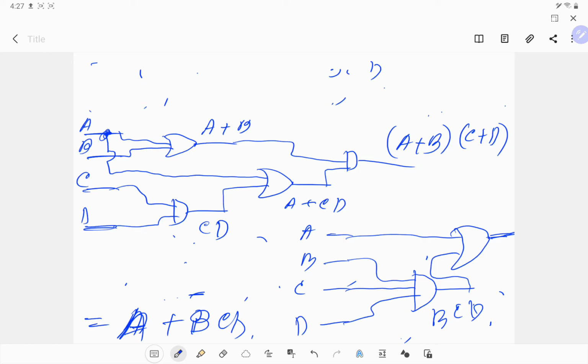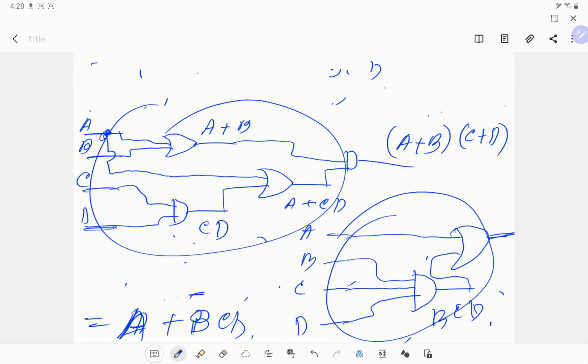So now the first circuit and the second circuit are equivalent, or the functionality of both of the circuits are the same. The outputs are the same. So in order to draw the first circuit, we need 1, 2, 3, 4 gates, and for the second one we need 2 gates. So if you are asked how many gates are minimized, 2 gates.